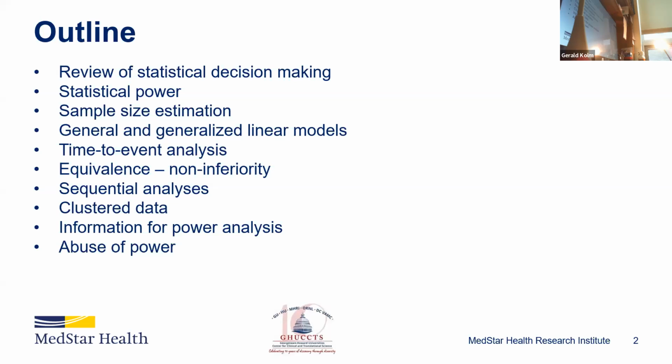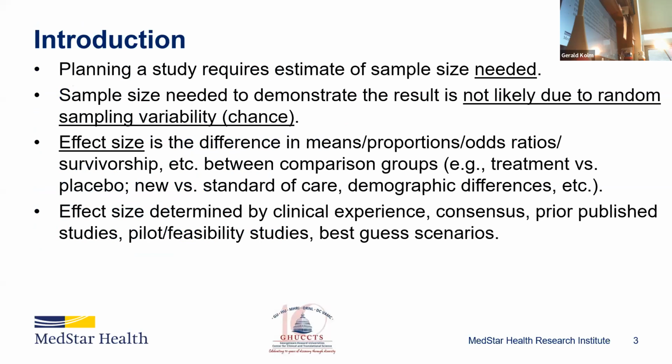I borrowed that from an article that I have in the references, but it's fairly common to see power, or the concept of power, misused in research studies. Okay, so to begin with, obviously, when you plan a study, you're going to be required to estimate the sample size that you're going to need.